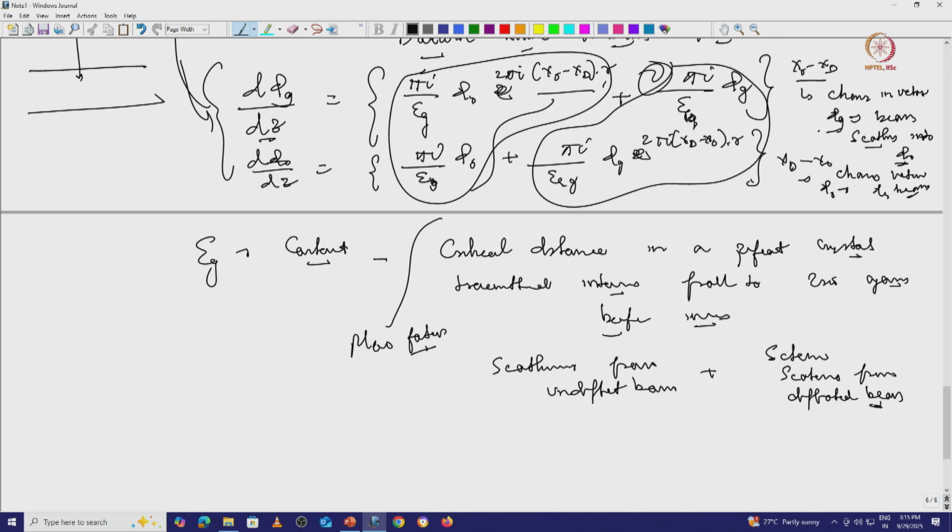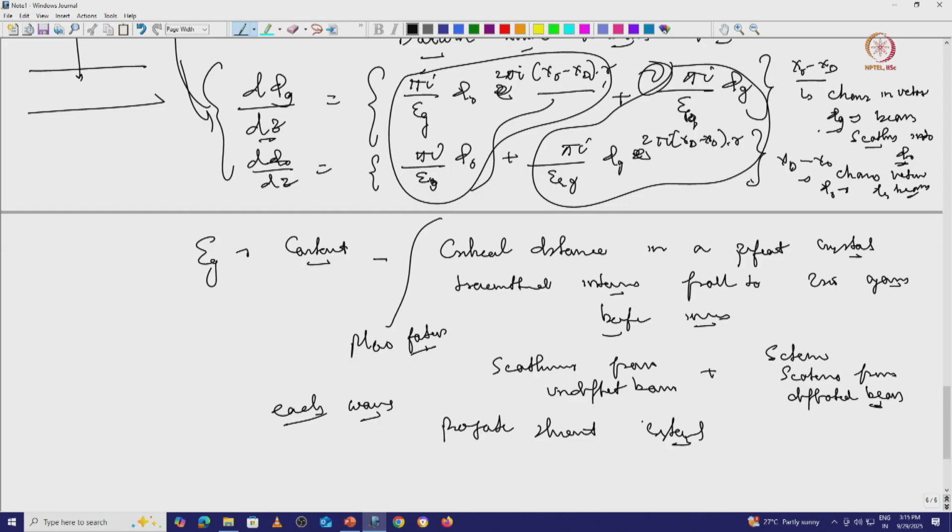So here the amplitude of each wave changes as the wave propagates through the crystal due to the contribution from the others.